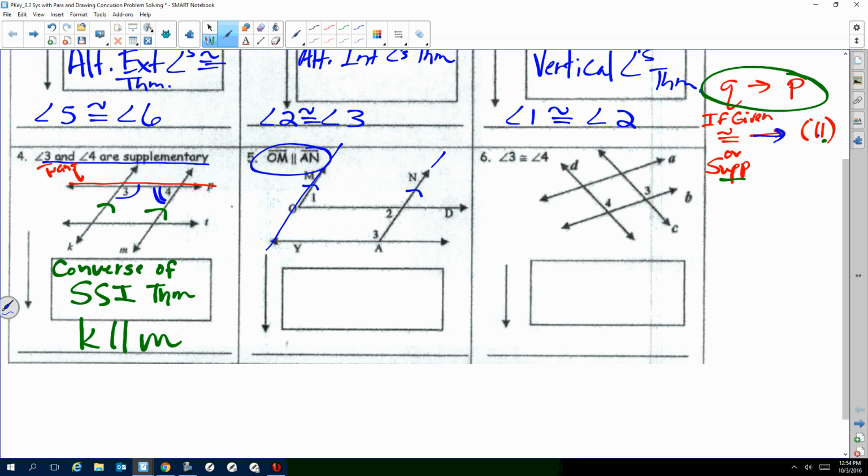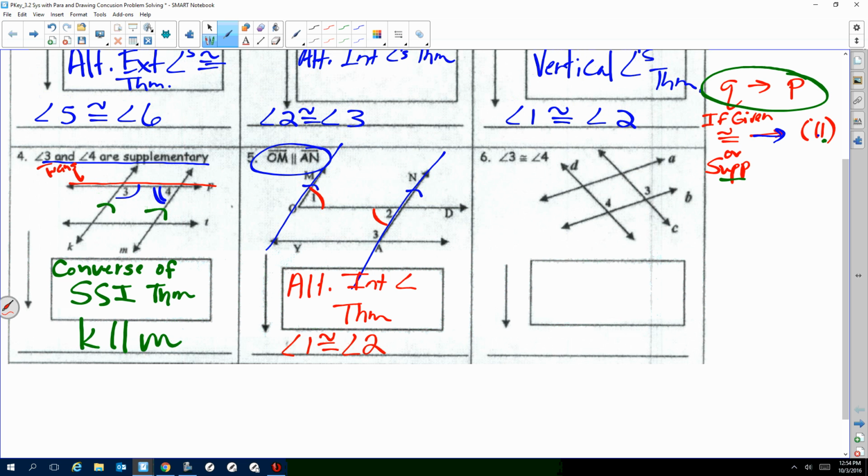Here's the line, here's the line. There's 3 angles, 1, 2, and 3. Who's congruent? 2 and who? 2 and 1 would be congruent if those lines are parallel. So angle 1 is congruent to angle 2. What's our justification, our reason for that? Alternate interior angle theorem. Okay? Alternate interior angle theorem.